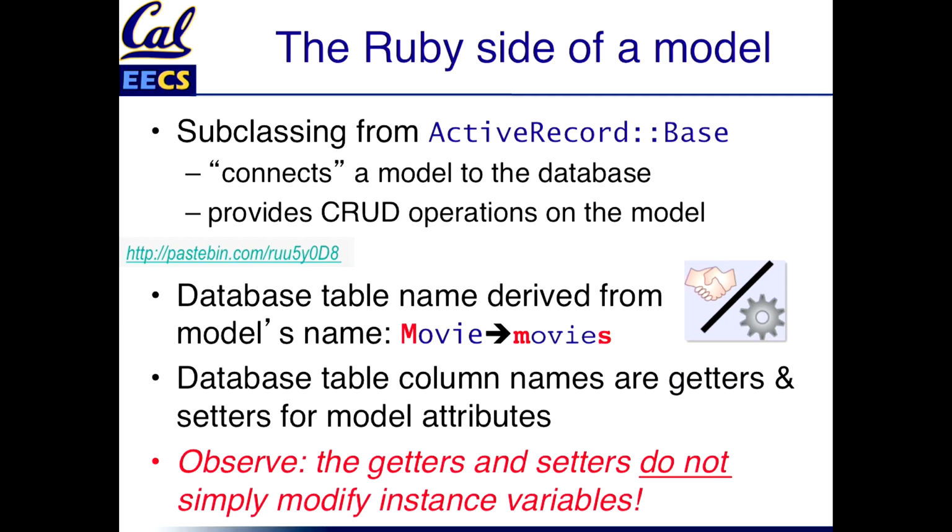ActiveRecord defines getters and setters that actually work by talking to the database. So the way that you use these models in Ruby looks just like plain old models with attr_accessor, but the way that the implementation works is completely different. As we'll see, the getters and setters don't actually modify instance variables. There is no underlying instance variable, for example, @title for a movie. Instead, there's an internal manipulation that Rails causes to be translated to the database.